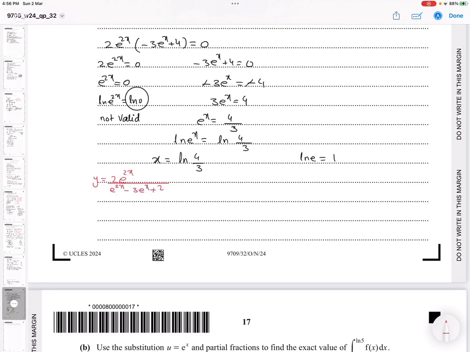So replace x with ln(4/3). So 2e^(2 ln(4/3)) over e^(2 ln(4/3)) minus 3e^(ln(4/3)) plus 2.